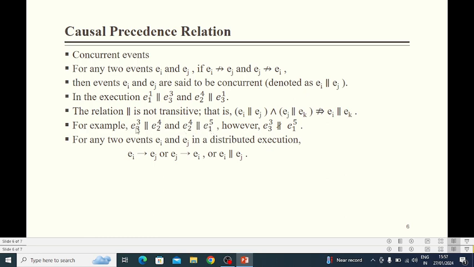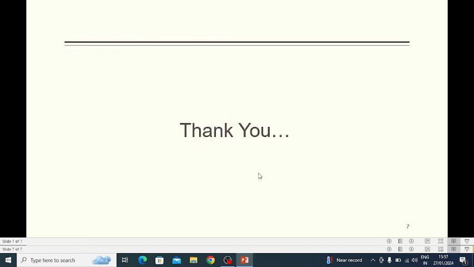However, E33 and E51 are not concurrent events. So, for any two events Ei and Ej in a distributed execution, these are the three possibilities: Ei causally affects Ej, or Ej causally affects Ei, or Ei and Ej are concurrent events. Thank you guys.